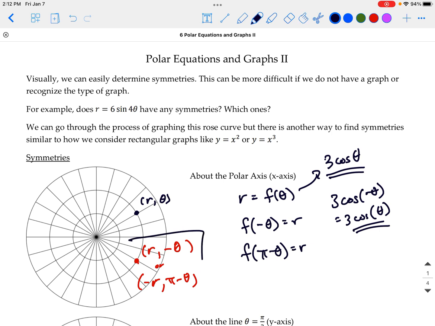So in general, what we're going to look for is those given coordinates, and we can think of them as a function if we want to, or just as a relation in terms of theta.